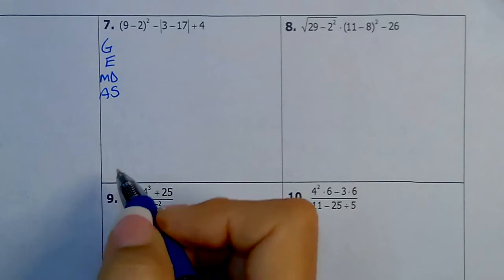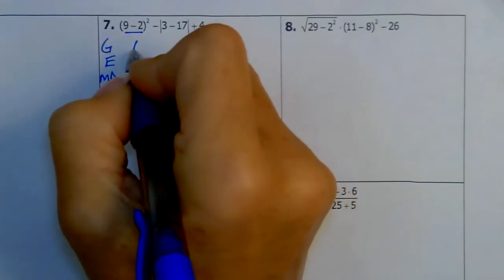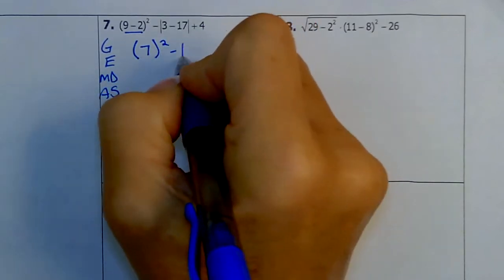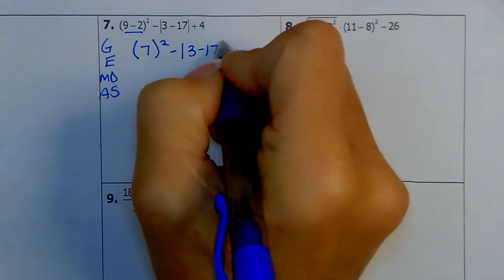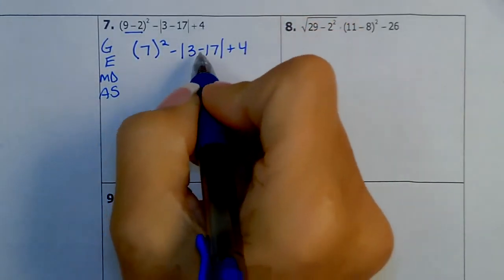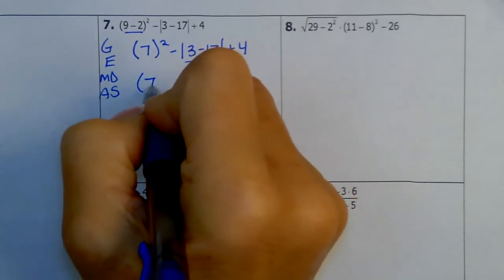Take care of groupings. So I'm going to take care of this grouping first. 9 minus 2 is 7. Not done with groupings because I have this group to take care of next.